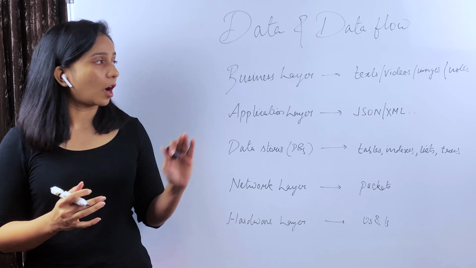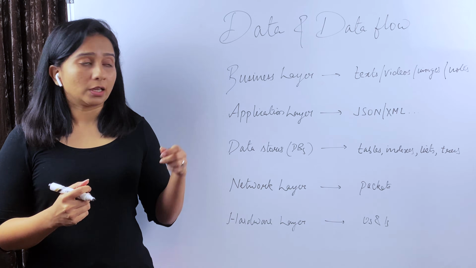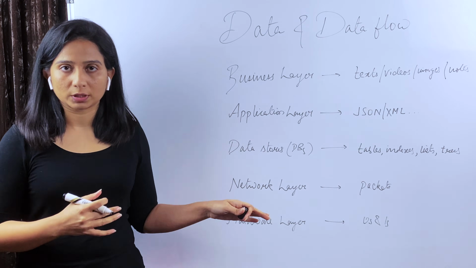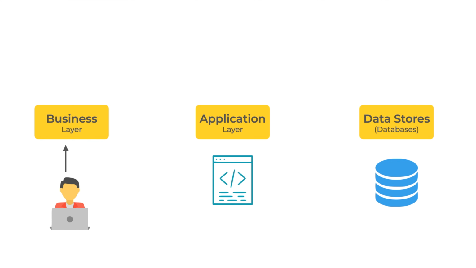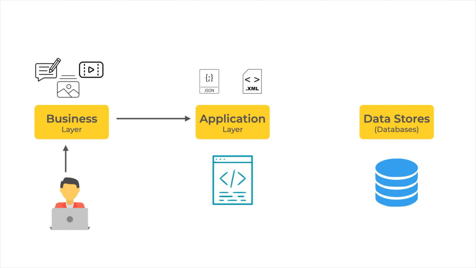Let's understand how data is represented at different layers in different formats. For the business layer, as a user, you interact with data in the format of text, videos, images, notes, etc. When the data travels to the application layer, it is transformed into a different format like JSON, XML, etc. When the data gets stored in data stores or databases, it gets stored in different data structures which store the data effectively and ensure that the retrieval and the storage are efficient.